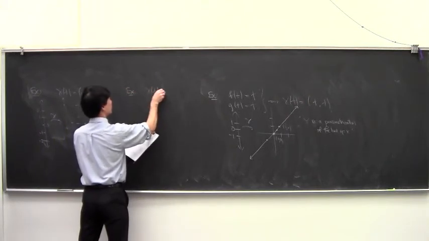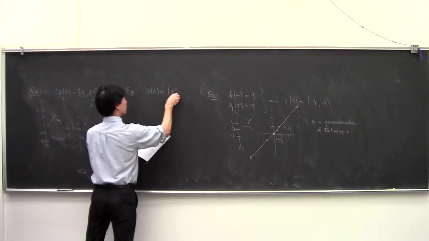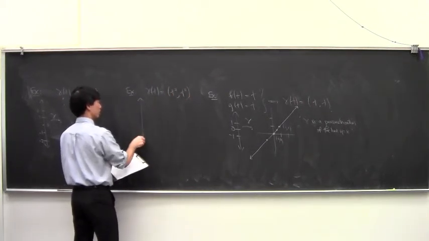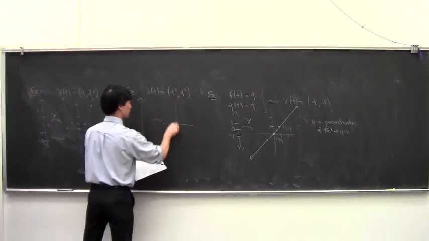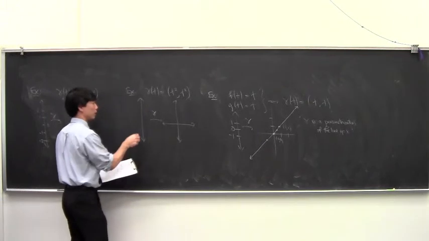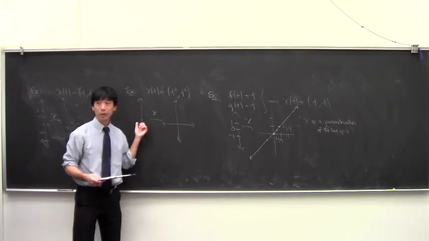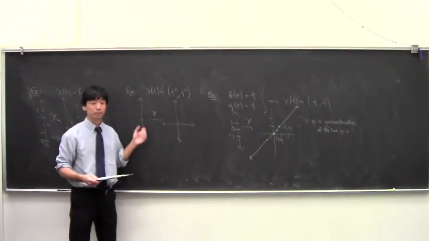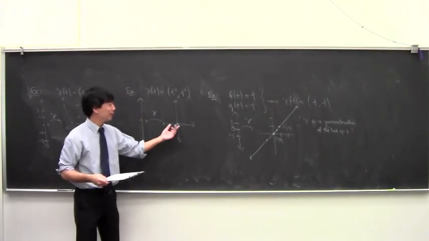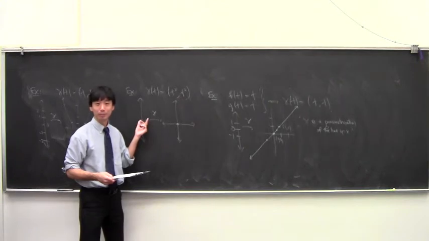Suppose I have something like this: t squared, t squared. Again, where are we at time 0? At time 0, we're at 0, 0. At time 1, where are we? 1, 1.